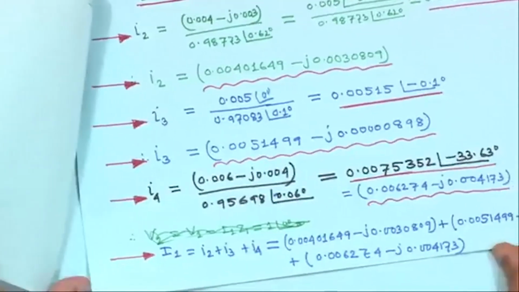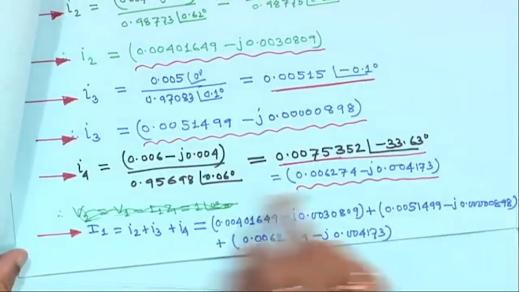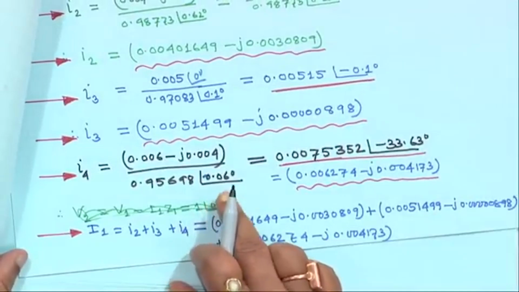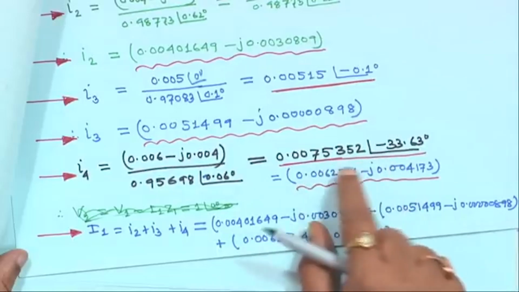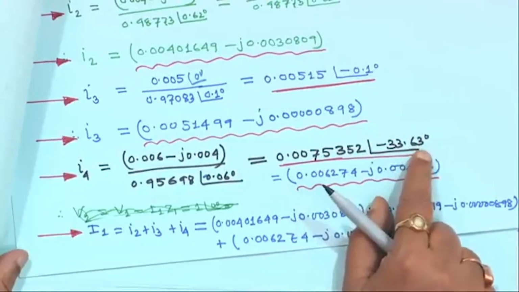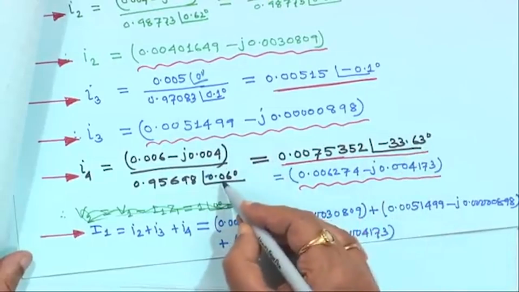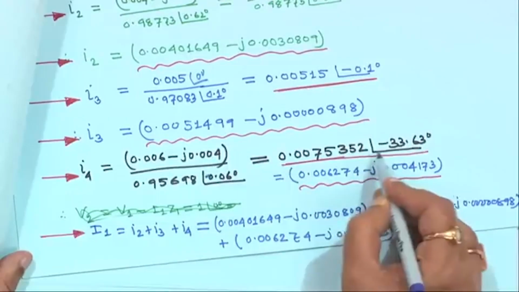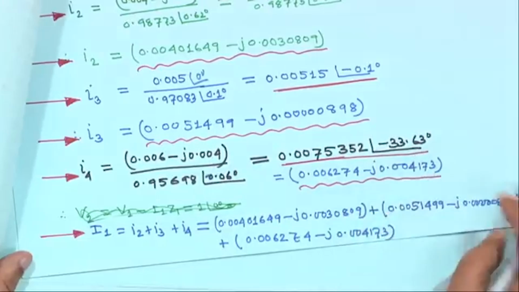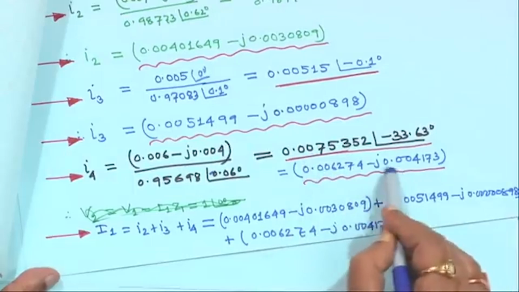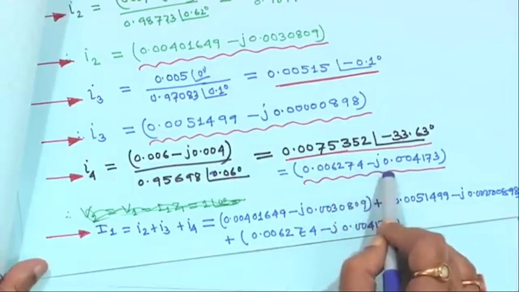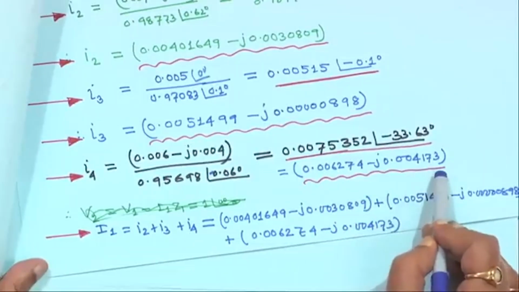So, if you make this calculation, I4 is equal to 0.0075352 minus 33.6. Although this is by mistake it is written minus, but I think this angle is taken correctly. So, this one is equal to 0.006274 minus j 0.004173.